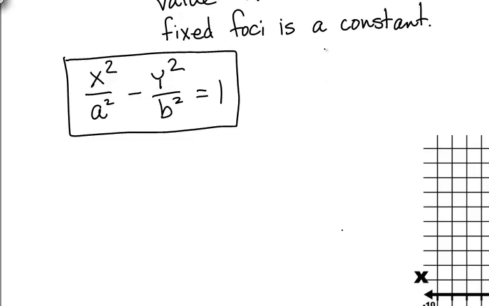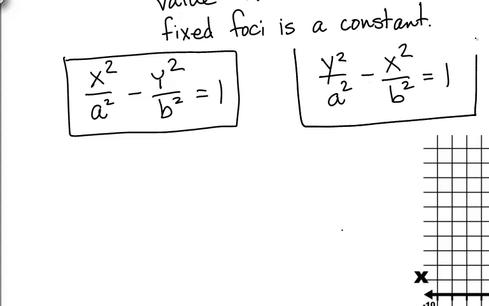Another one is y squared over a squared minus x squared over b squared equals 1. Now those two formulas look very similar to the ellipse. What's the difference? Yeah, the minus sign. If it's a plus sign in between, it's an ellipse equal to 1. If it's a minus sign, okay.